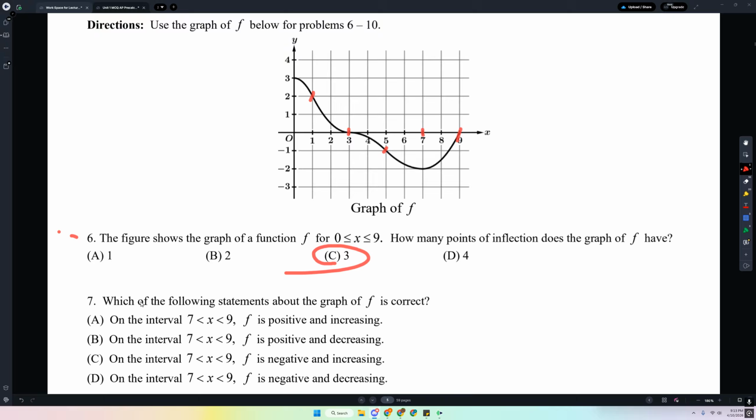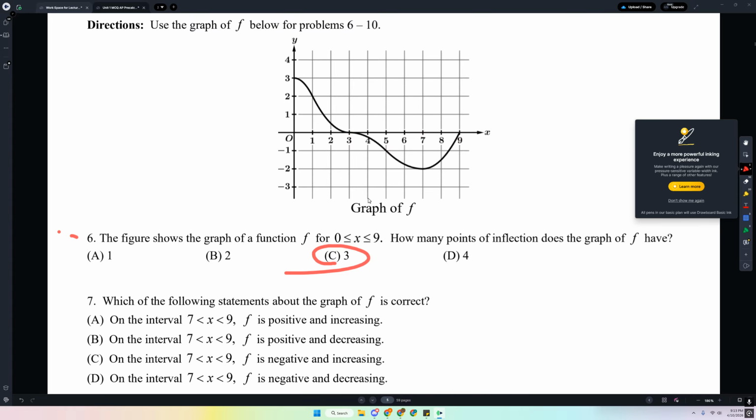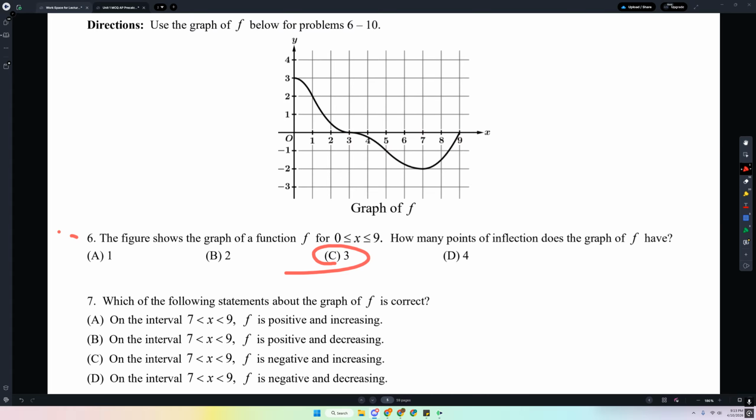Can you remove lines? Oh, yeah, my bad. I'll erase these. Yep, everyone got C, and that is correct.